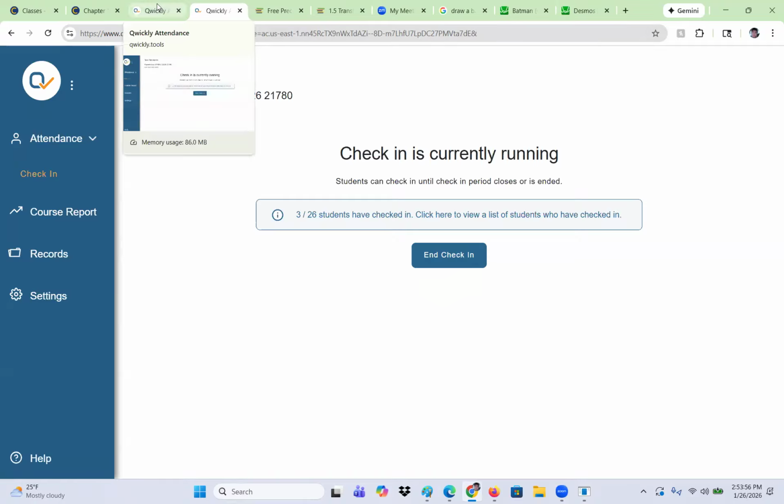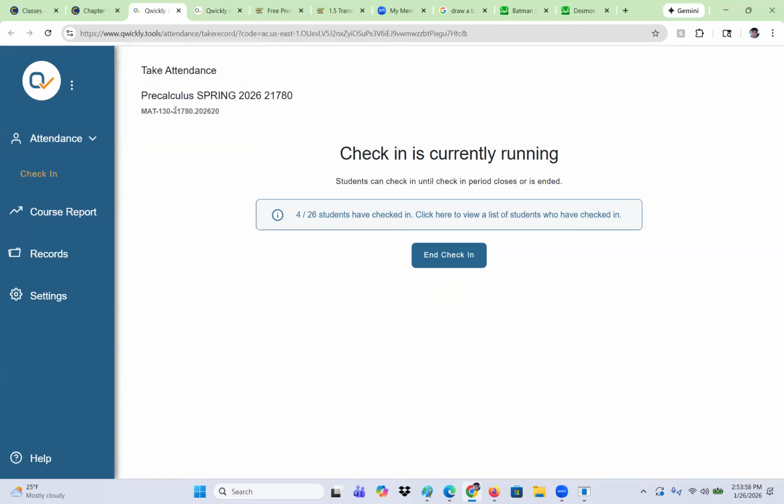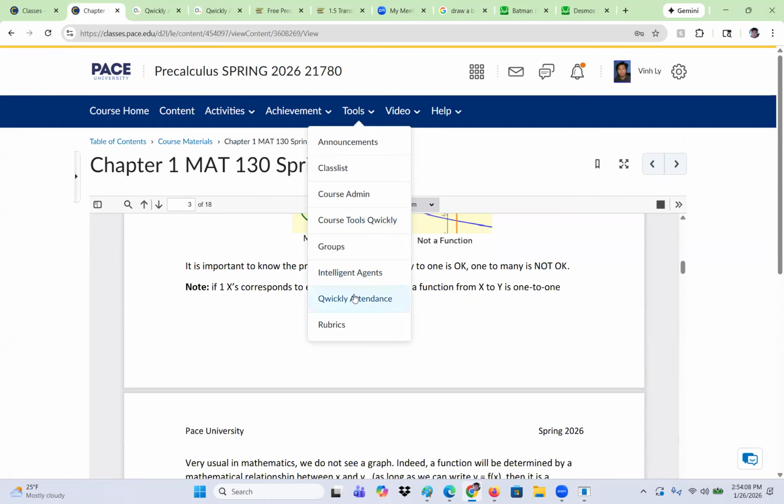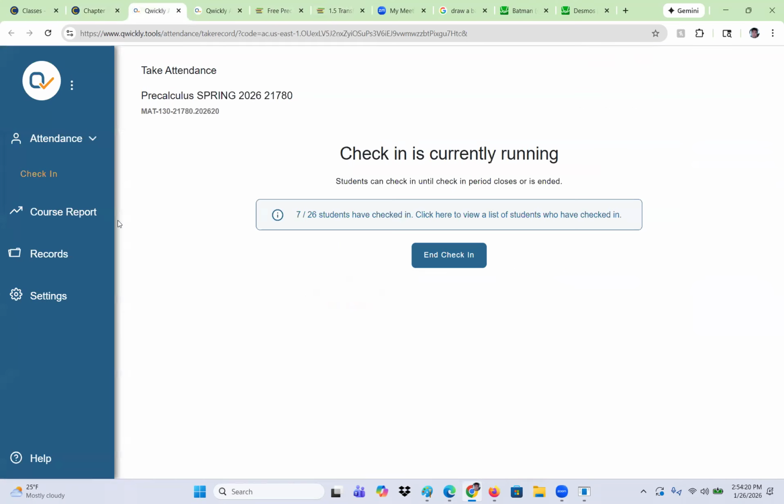You can also do it on the phones, but make sure you log in to Brightspace. Some students didn't have a Brightspace account this morning, and there's no way I can check them in. I can help you on Wednesday after class. If you have any trouble, just go to Tools and Quickly Attendance. When you click on this, you're going to see the check-in box pop up, and you just have to hit check, and that's pretty much it. That's very simple. You're going to do that until the end of the semester.